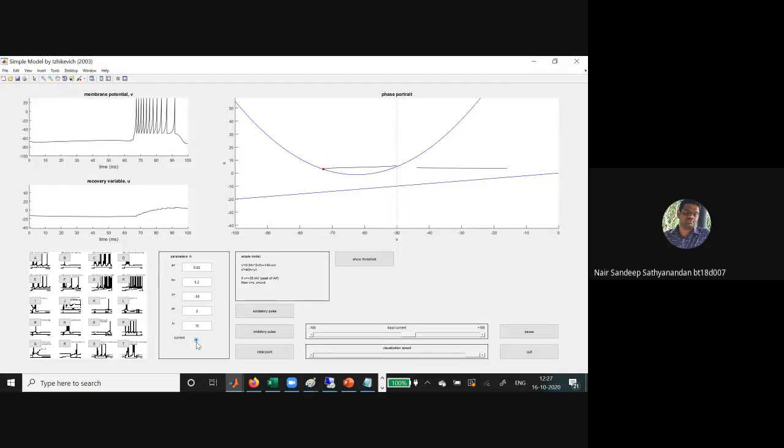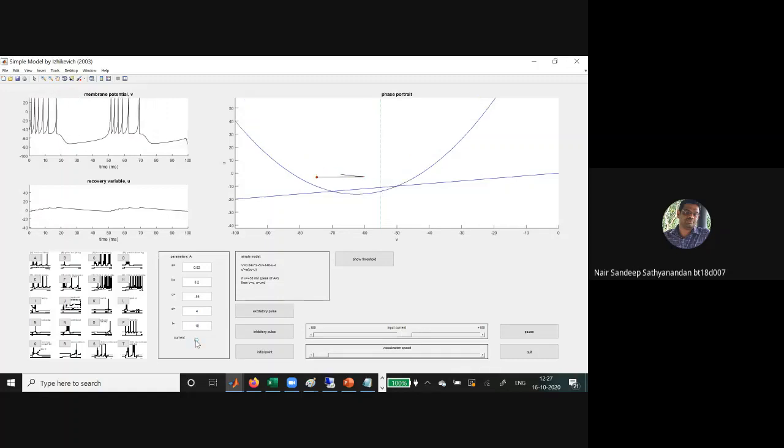Now there is another aspect, that is a mixed mode. Sometimes it is tonic and sometimes it is bursty in nature. So in order to model that one, we have to change the parameters slightly. Yeah, so this is tonic burst, and so yeah, this is the mixed burst.